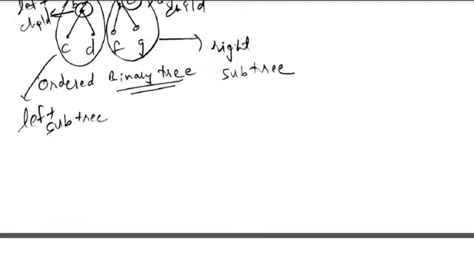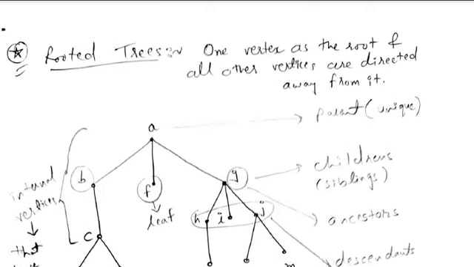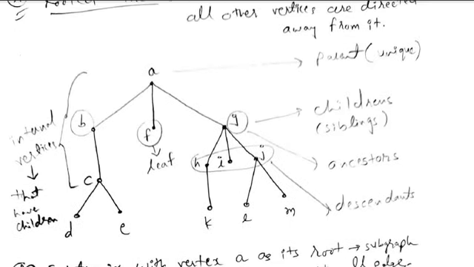Now you have heard about the family tree. In that you have parent, children, ancestors and descendants. Ancestors means parents, and descendants means those whose parents are their ancestors.